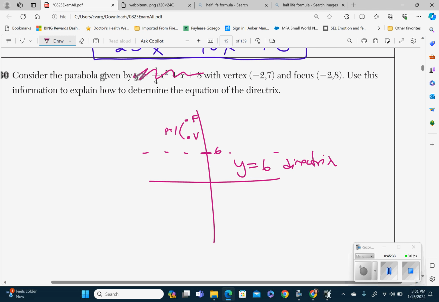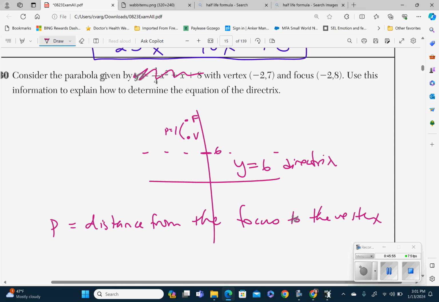It says use this information to explain. So now we have to explain. We can say p is the distance from the focus to the vertex, which is 8 minus 7 equals 1. So our p is 1.